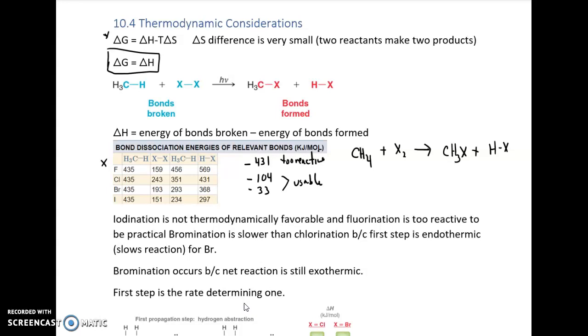And we find that iodine is just not reactive because it's got a positive delta G, and it will not work. So bromination will occur because it's exothermic, but it's going to be much slower than chlorination.